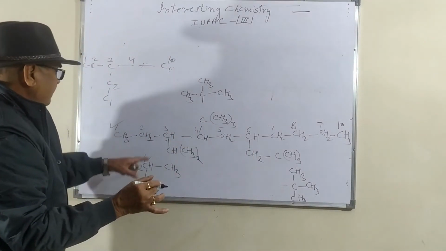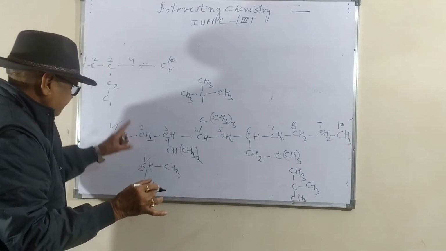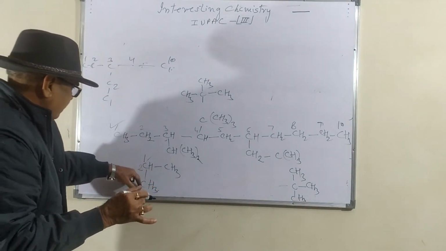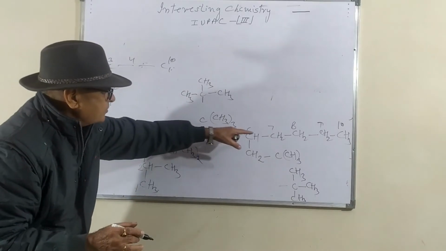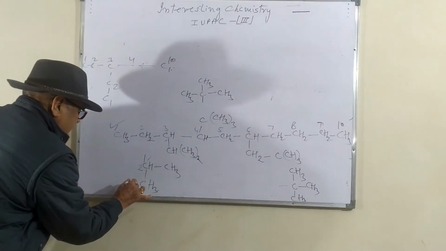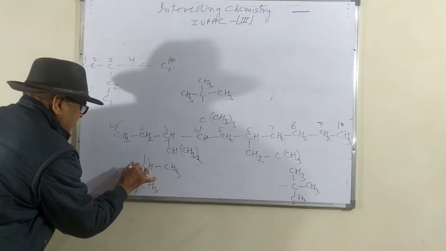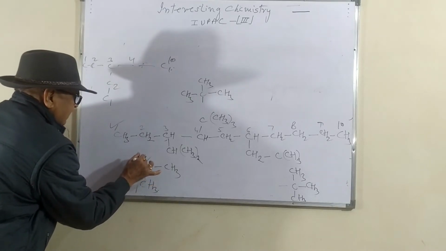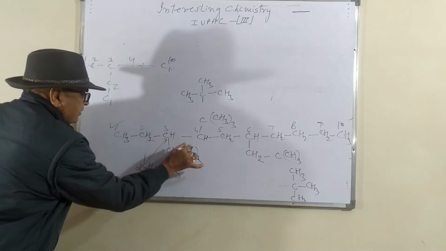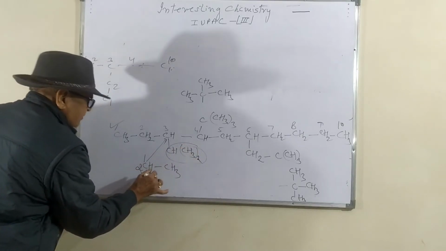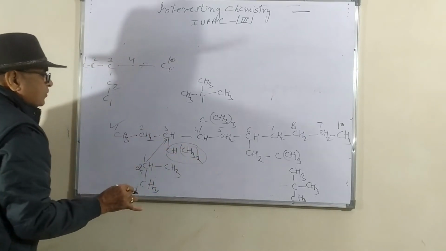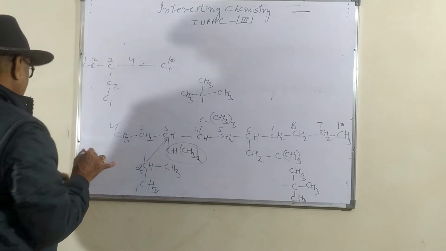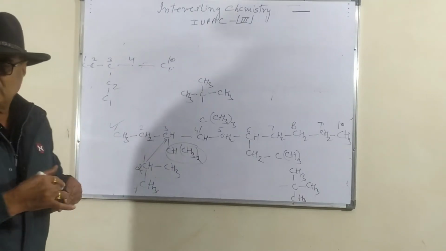In this way you have to select this longest chain. Number 1 will be given to this carbon, number 2 to this carbon, and 3 to this. The structure is like this. So this is 3.